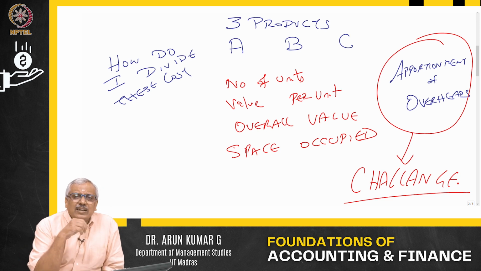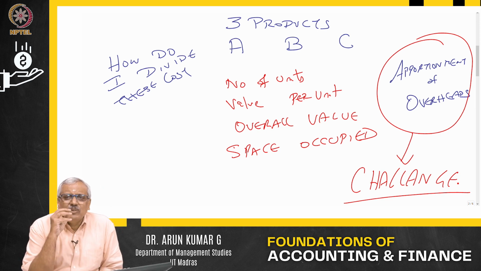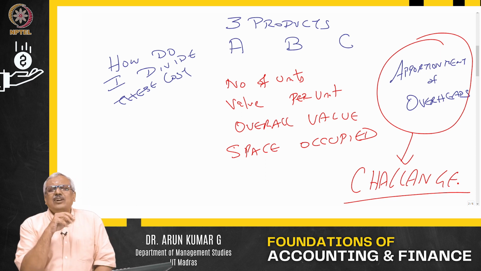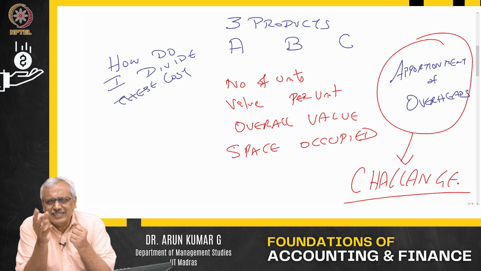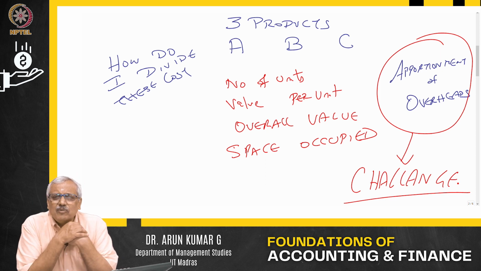Traditionally, one of these measures, I would not say arbitrary, let me rephrase, one of these measures which are more or less accepted, not totally arbitrary, with some basic logic, was used for dividing the overheads.